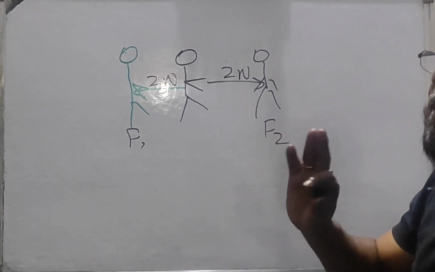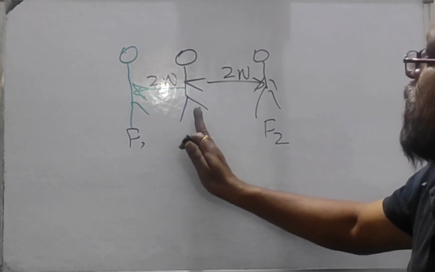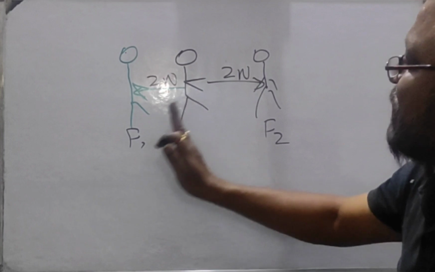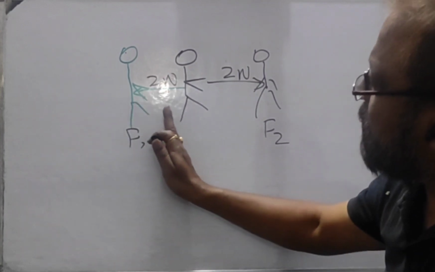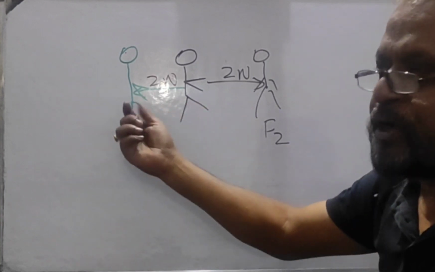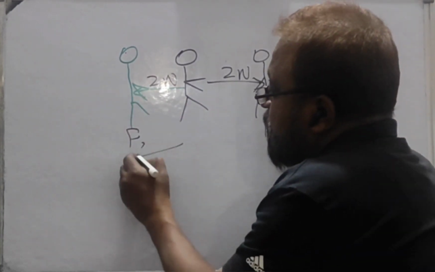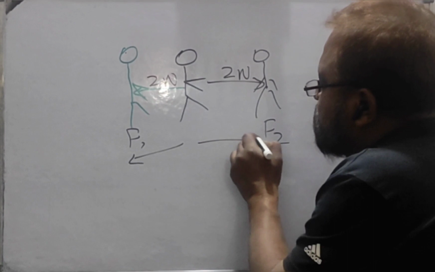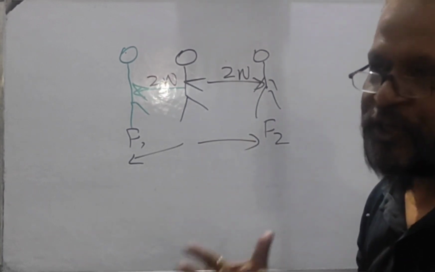I am just saying that one of your friends is pulling you with a force of 2 Newton towards this side, and one is pulling you towards this side. So what will be your position?